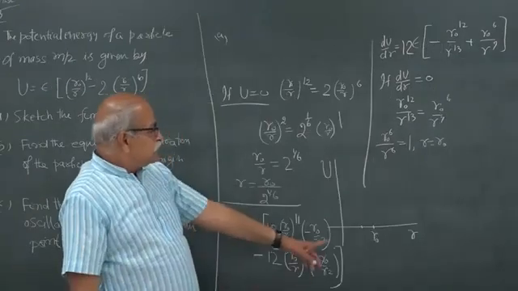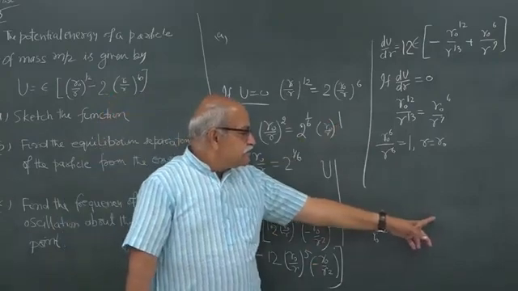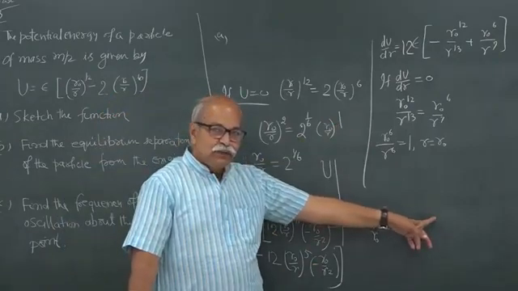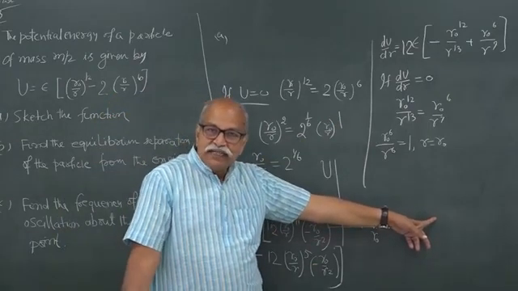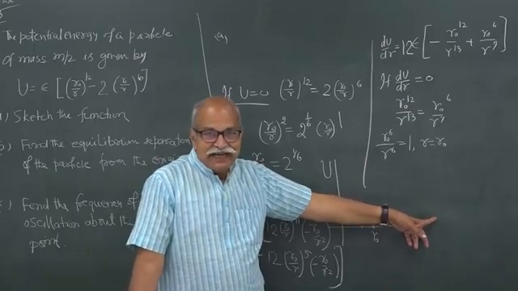Because I know that in the beginning it is very high and in the end it is going to be 0, and there can be only one maximum or minimum. So, that has to be minimum, that cannot be a maximum.